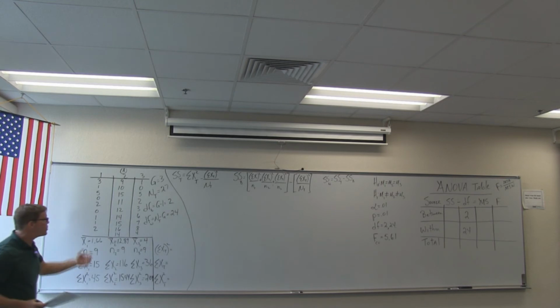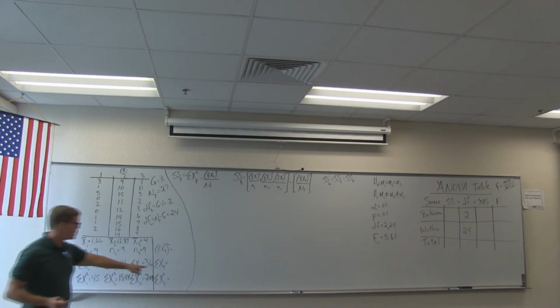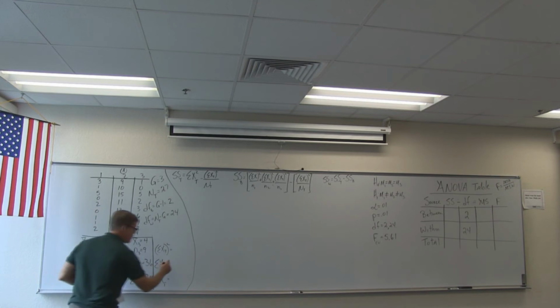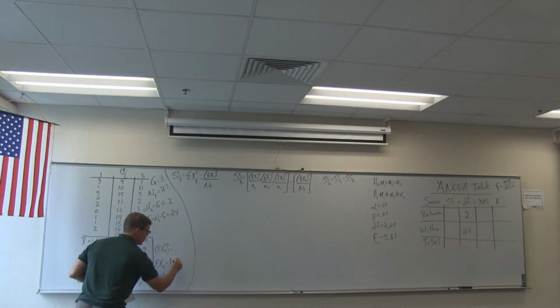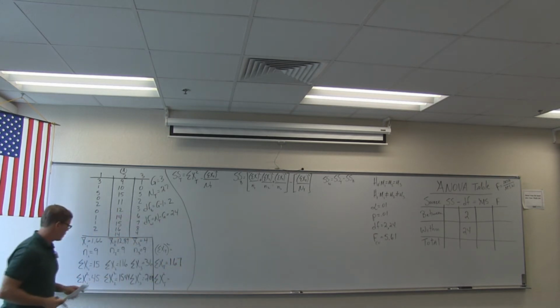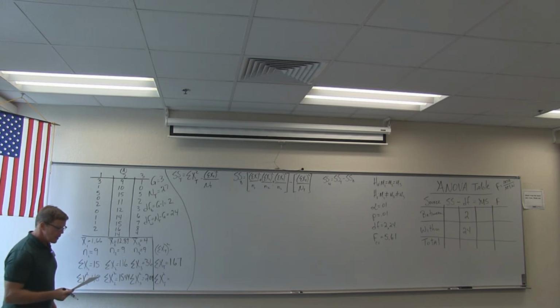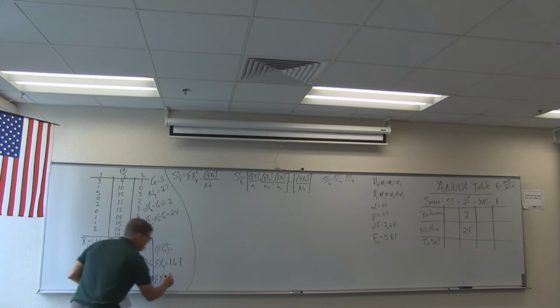We bring everything to summation totals. Sum x total, sum x sub t, this plus this plus this is 167. This plus this plus this is 1793.